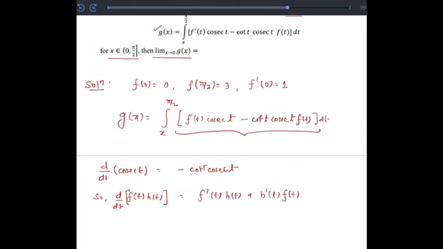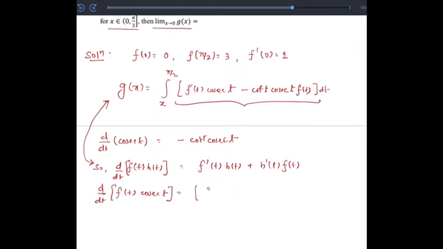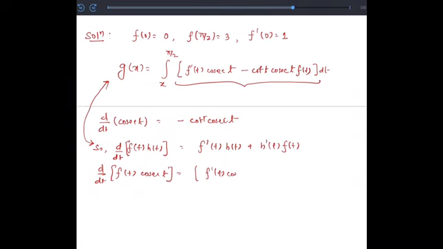Now you can see the correlation between these two. So if we see one function as f of t and another function as cosec of t, then if we differentiate it, we will get f dash of t into cosec of t minus cot of t into cosec of t f of t.